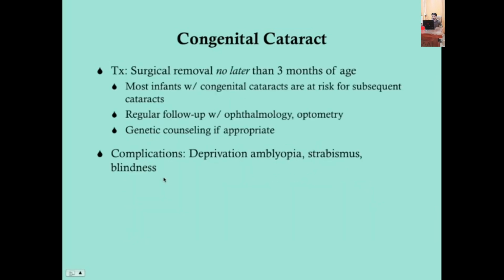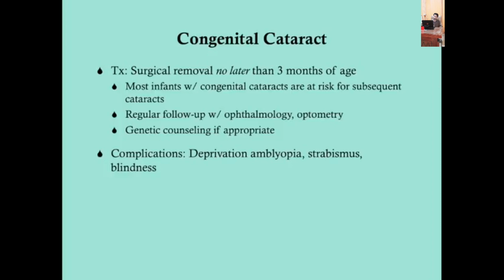The treatment for congenital cataract is surgical removal no later than 3 months of age. I've seen some papers that say 5 weeks to 5 months of age, but typically ophthalmologists will treat infants with cataracts pretty quickly. Most infants with congenital cataracts are at risk for subsequent cataracts because of this disease process that's going on.